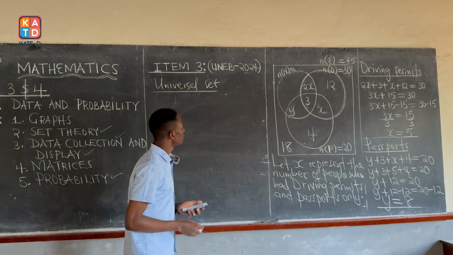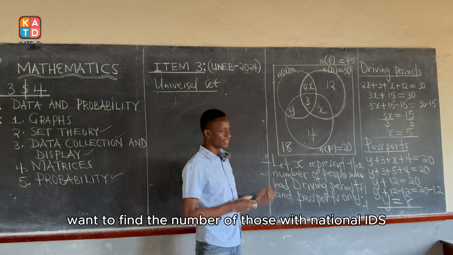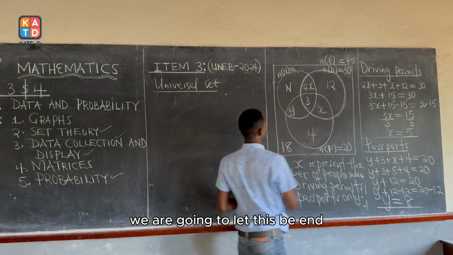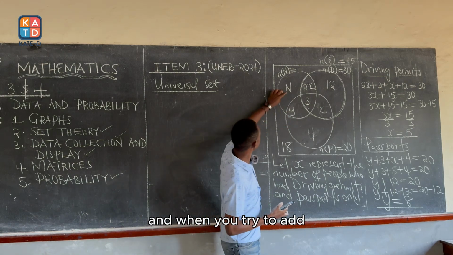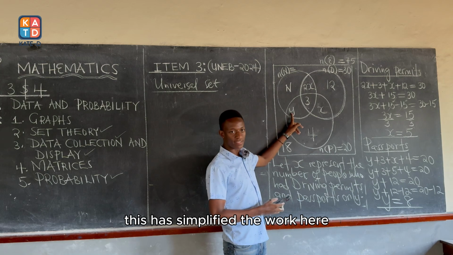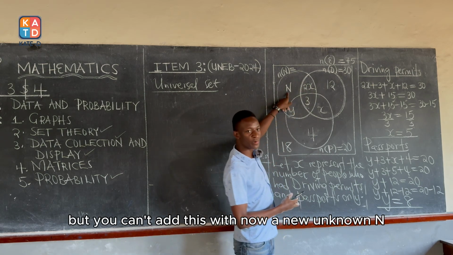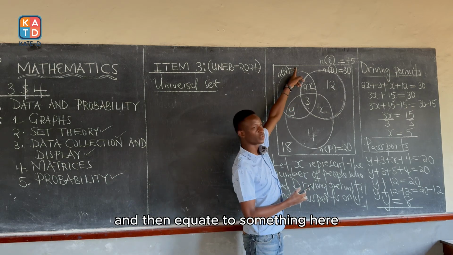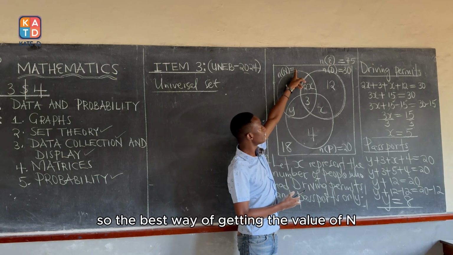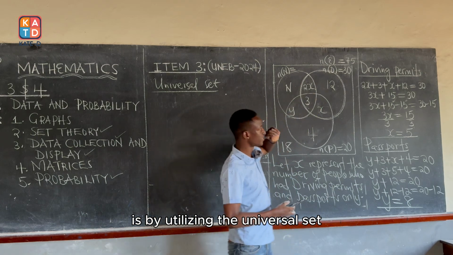As we want to find the number of those with national IDs, we are going to let this be n. We have x and we have y, which has simplified the work here, but you can't add this with a new unknown n and then equate to something here. You don't have this. This is what we are looking for. So the best way of getting the value of n is by utilizing the universal set.